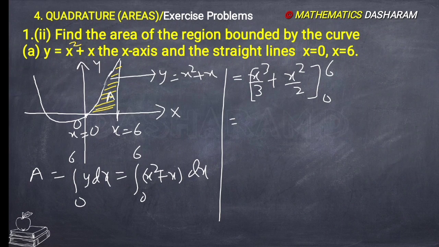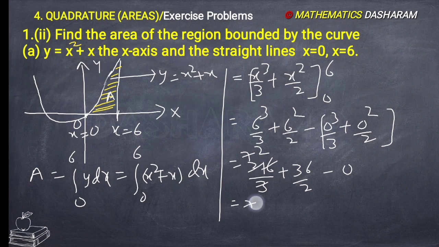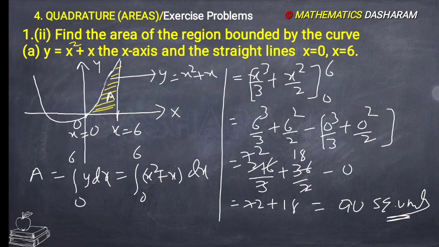Next substitute the limits: 6 cube by 3 plus 6 square by 2 minus 0. 6 cube is 216 by 3 plus 36 by 2 minus 0. 3 ones are 3, 3 sevens are 21, 3 twos are 6, that is 72, plus 2 ones are 2, 2 nines are 18, so 72 plus 18, 90 square units. 90 square units is our required answer.